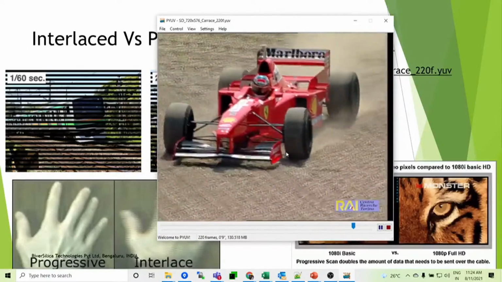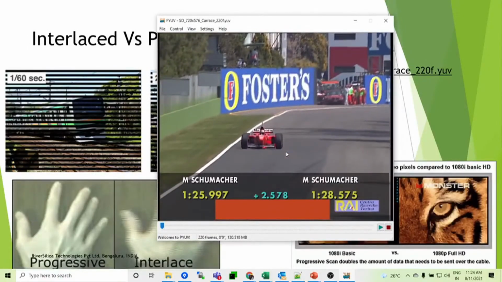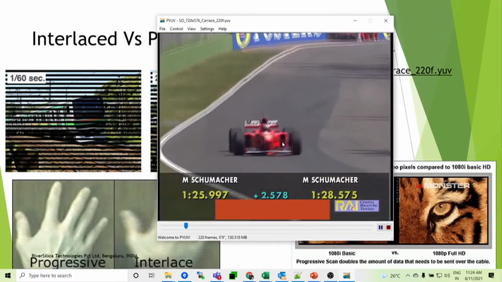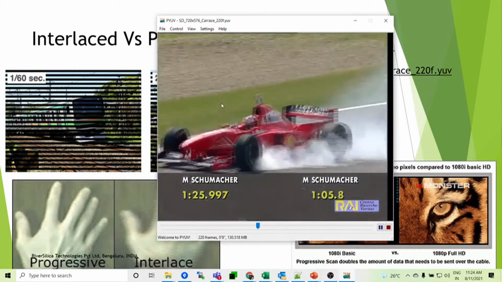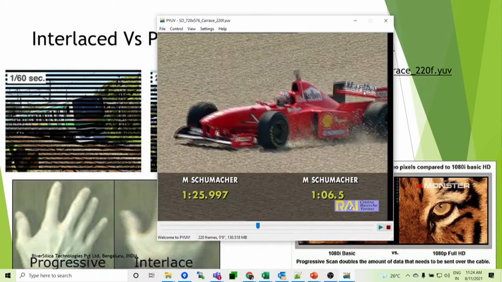This is called an interlaced film. See the edges of the posters. These are all interlaced pictures. I can show you in another area also. Can you see the Marlboro in the car? In the car also you can see the combing artifact, right? But when it is running you will not be able to see it. Here you will see a lot of combing artifact.